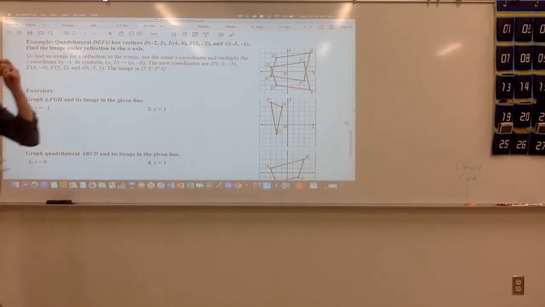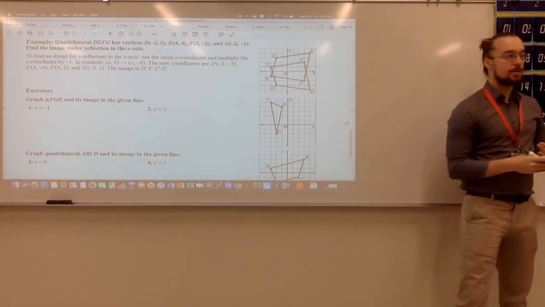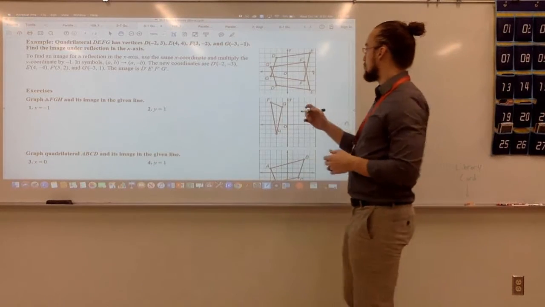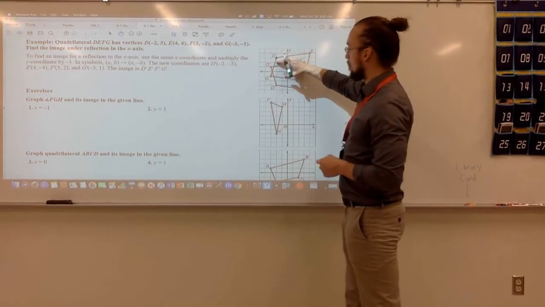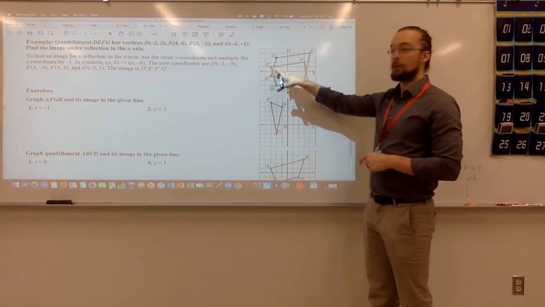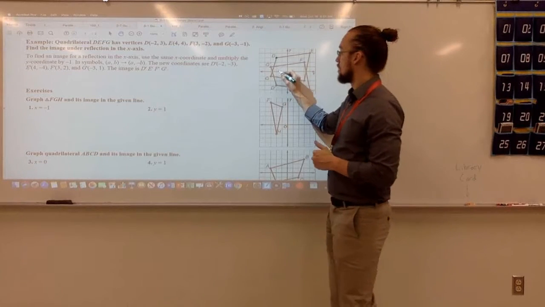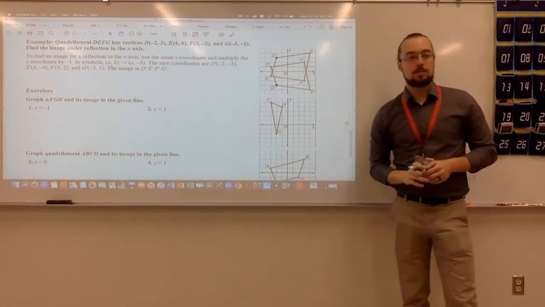I'm just going to go point by point and count the distance to the x-axis. If we start at point D, that's 1, 2, 3 away from the x-axis. I'm going to go that same distance on the other side, 1, 2, 3, to get to D prime.